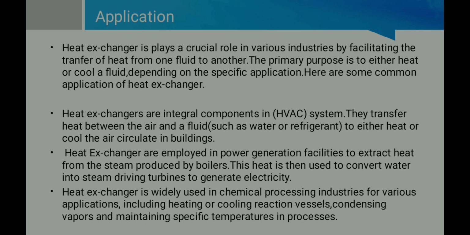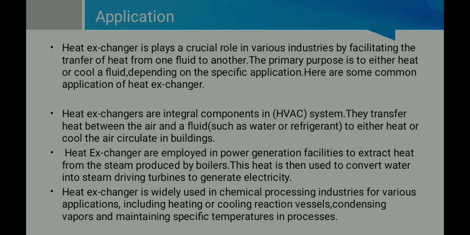Next, heat exchangers are employed in power generation facilities to extract the heat from the steam produced by the boiler. This heat is then used to convert water into steam, driving a turbine to generate electricity.